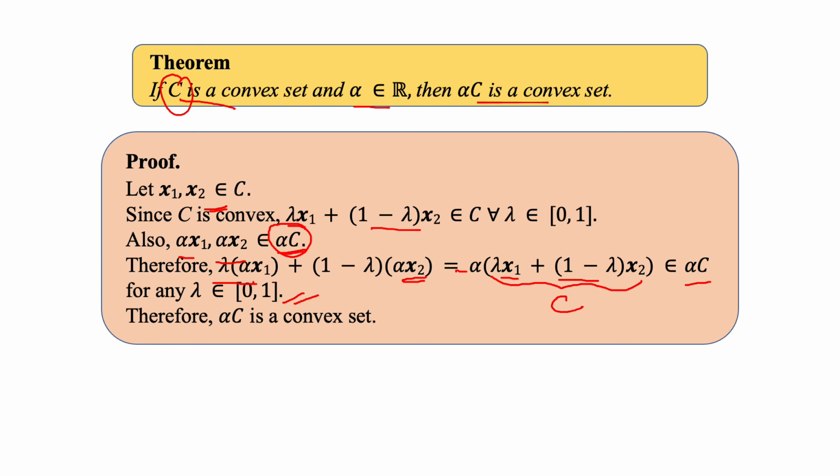So this theorem tells us that new convex sets can be generated by shrinking or expanding the given convex set appropriately.